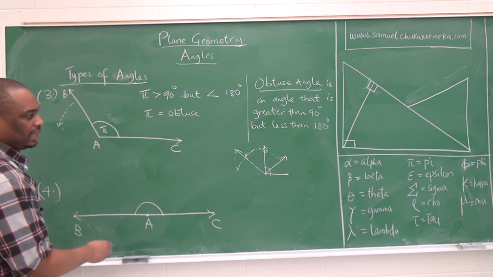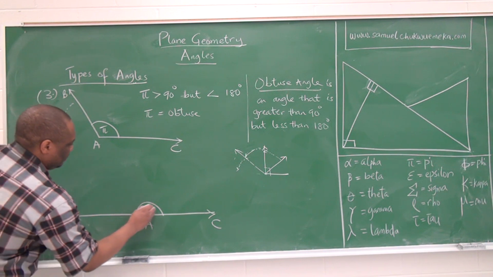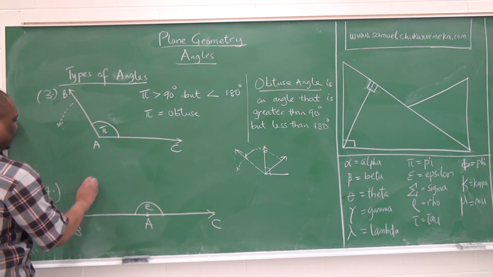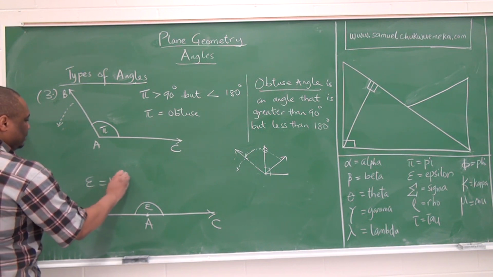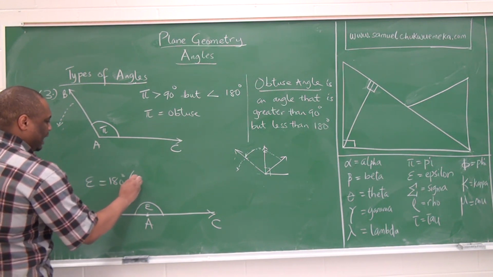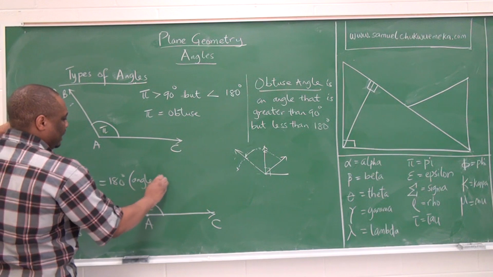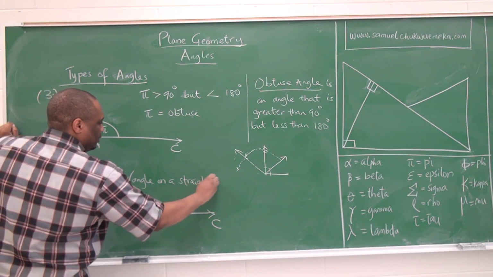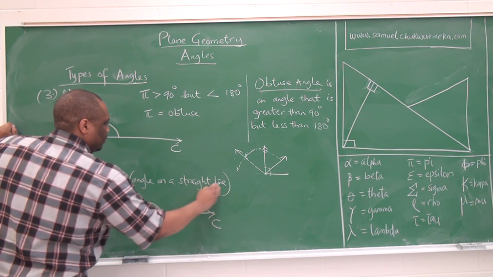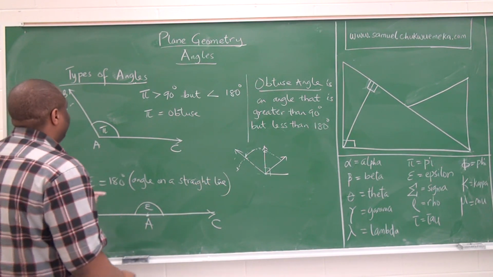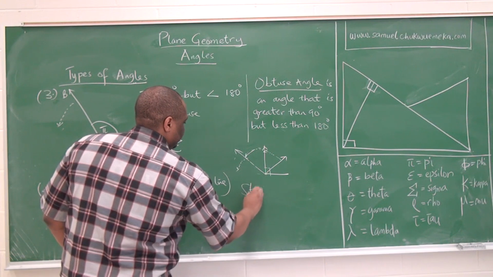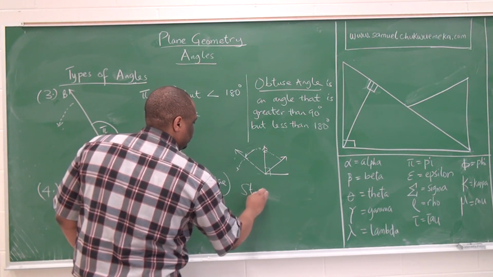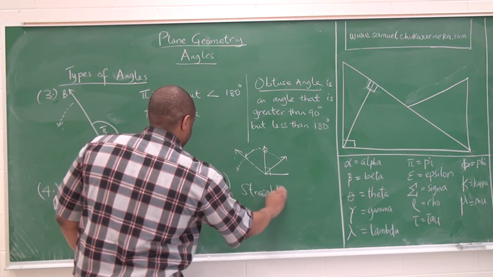And let me call this epsilon. So we say that epsilon here is equal to 180 degrees. A straight angle is an angle on a straight line. So the fourth one is what we call the straight angle, which is an angle on a straight line.